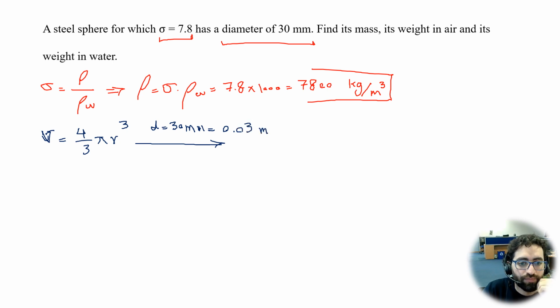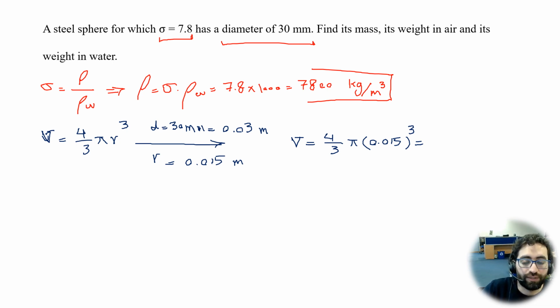It's equal to 0.03 meter, but this is the diameter. We need the radius, which is equal to 0.015 meter. So our volume is equal to 4/3 pi times 0.015 cube. I suggest you use your own calculator to be sure of the quantity of our volume.